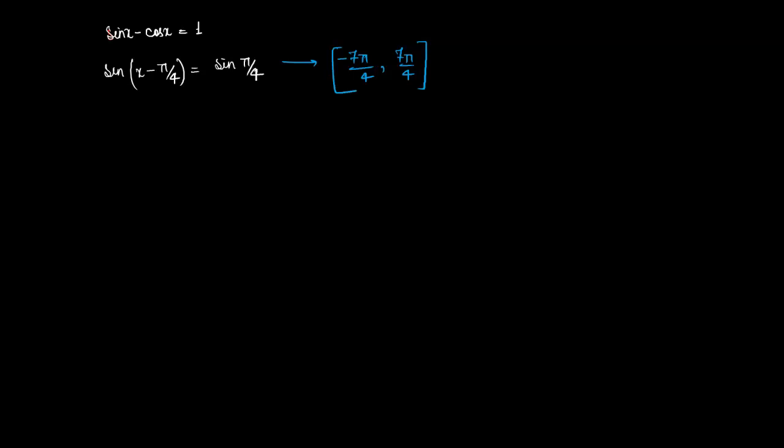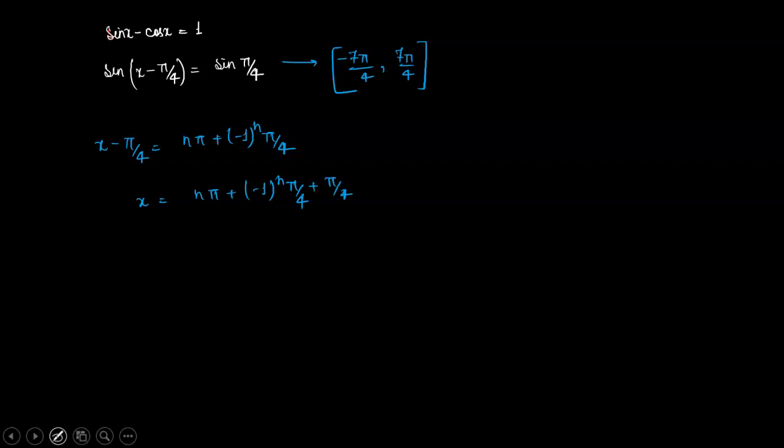Okay, so let me write its general solution. It will be n pi plus minus 1 to the power n pi by 4. So x will be n pi plus minus 1 to the power n pi by 4 plus pi by 4.